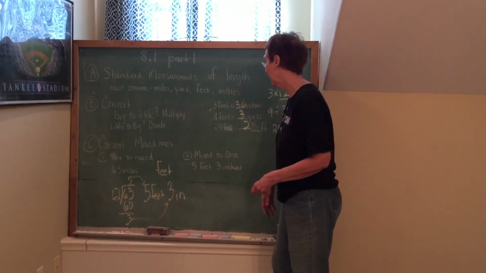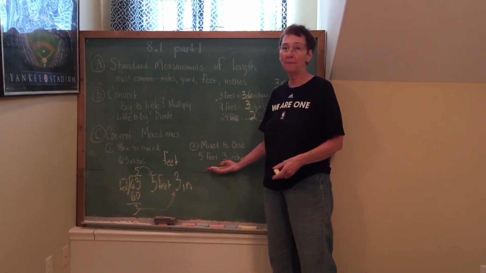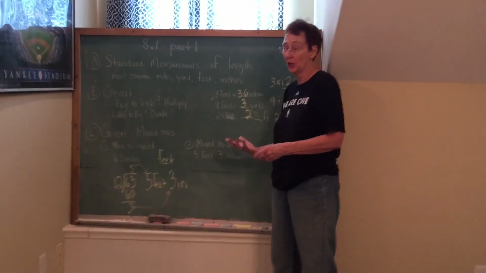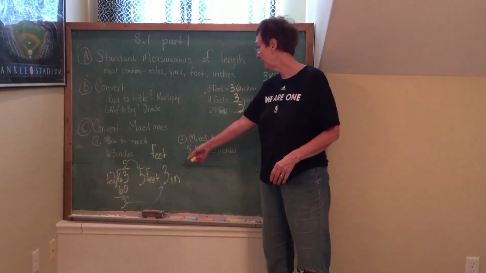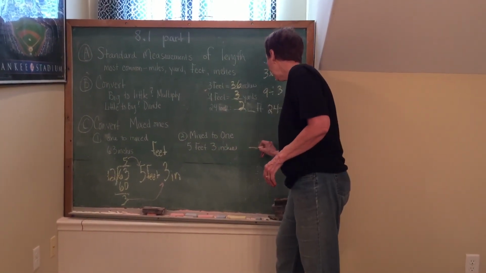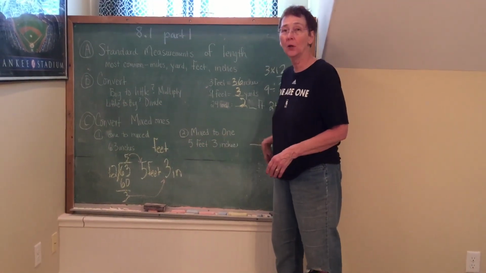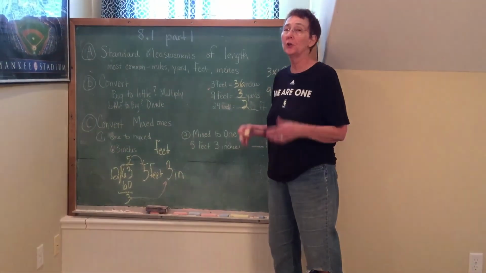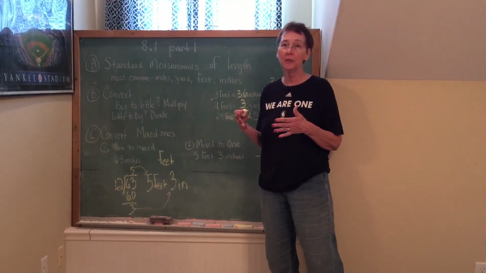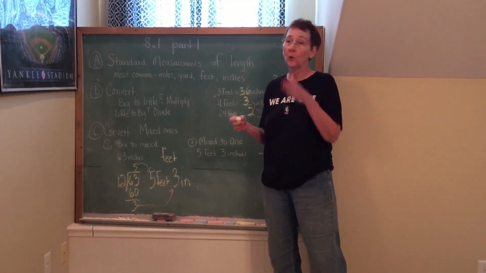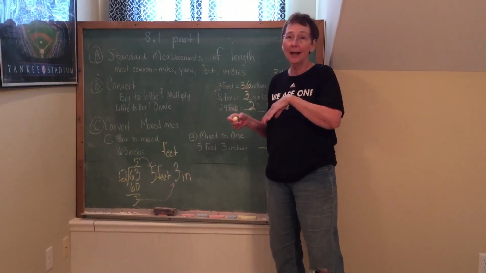If I'm going the other way, let's say that it's already a mixed number and I want to change it to just 1 unit. So in this case, I have 5 feet and 3 inches, and I want to know how many inches that is. I'm taking a mixed number and I'm going to a singleton. So you're going to use the same idea as we did when we were doing fractions. You're going to multiply and add, okay?